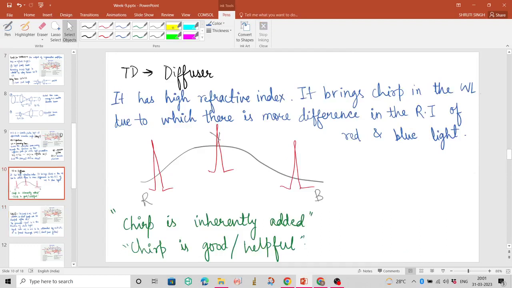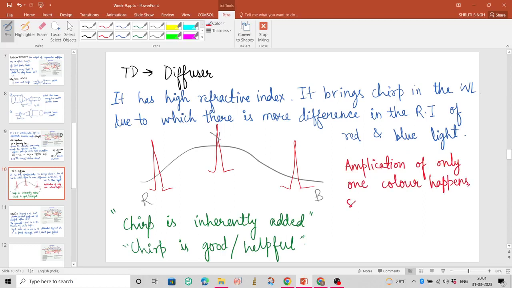So here I would like to add a sentence: amplification of only one color is happening.